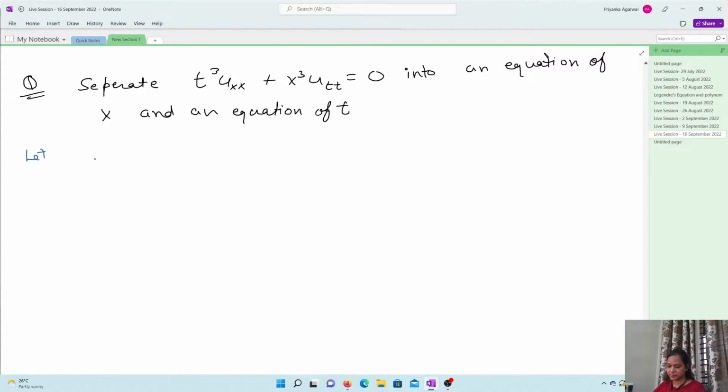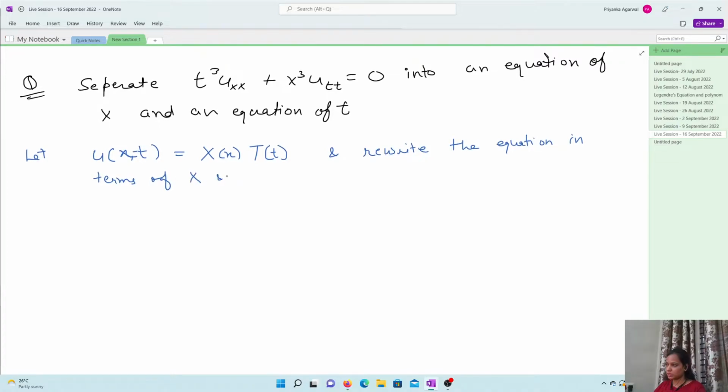So let u of x comma t equals to capital X and T, and rewrite the given equation in terms of x and t.